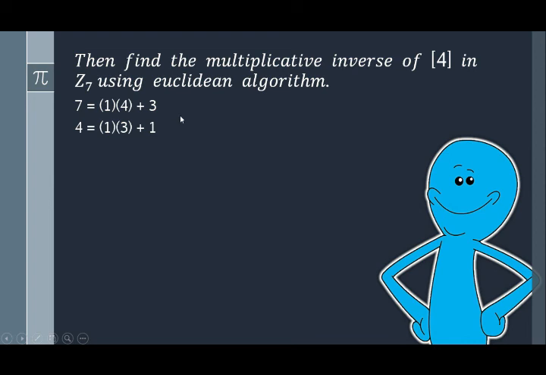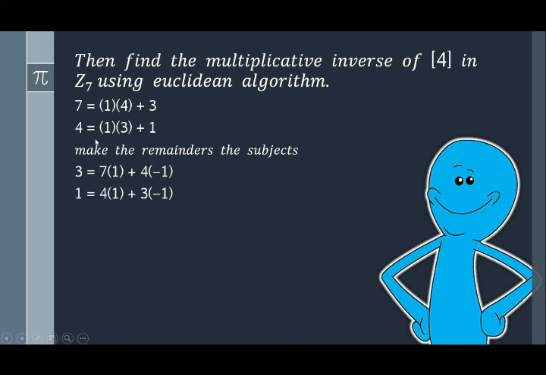I make the remainders the subjects of the equations. The first one would be 3 equals 7 times 1 plus 4 times minus 1. I just took the 4 to the other side. And 1 equals 4 times 1 plus 3 times minus 1, and again I took the 3 to the other side.